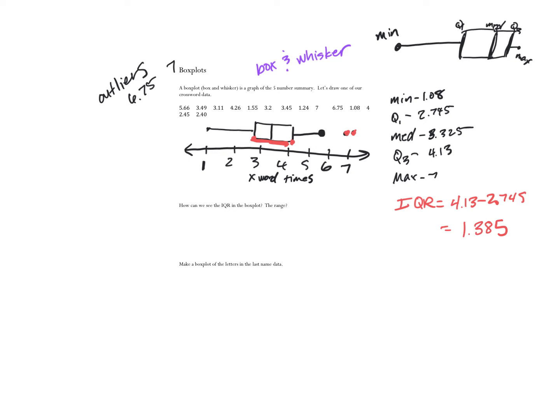Are we comfortable with that idea? That to find the distance between two numbers, you subtract them. Okay. So the IQR is the length of the boxes. How can we see the range?